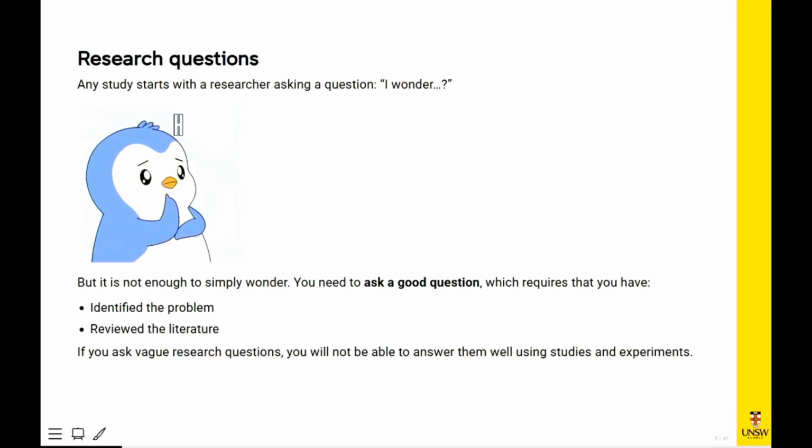So before you even get to defining a question, you've got some work to do. It's really important to have a good idea of what is going on in the area in which you're researching before you can come up with a good research question. And if you have a vague research question, at the end of your study you are likely not even going to be able to answer the question that you really want to answer. So it's important to start, before you actually design your study, with a really good research question. That's going to help you a lot.